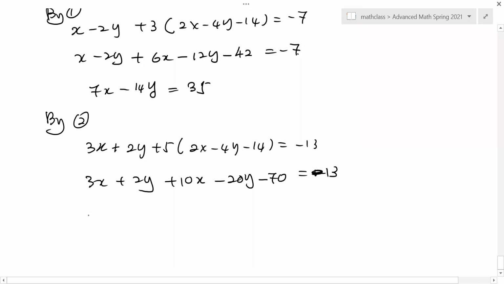So let's simplify, okay? 13x minus 2y negative 18y. And the 70, move 70 to the right-hand side. So which is going to be 7 and 57.